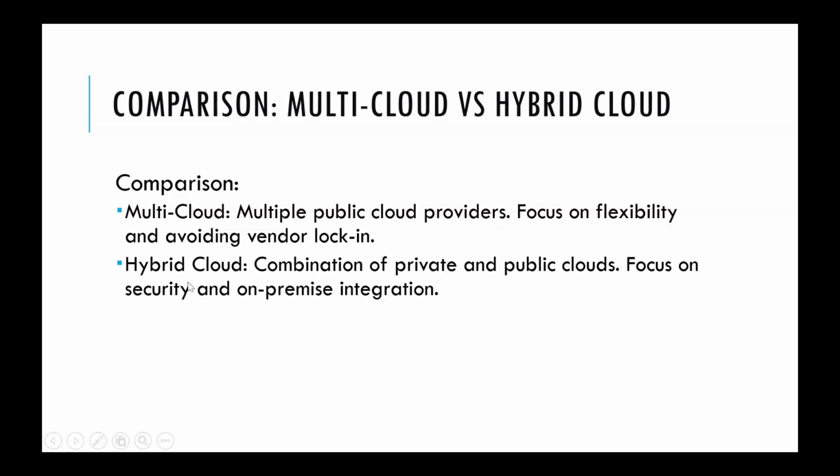But in case of hybrid cloud, a combination of private and public clouds of your organization, focus on security and on-premise integration. In case of multi-cloud, there will be a combination of multiple cloud providers like Azure, AWS, Google Cloud, and this generally focuses on flexibility and vendor lock-in.